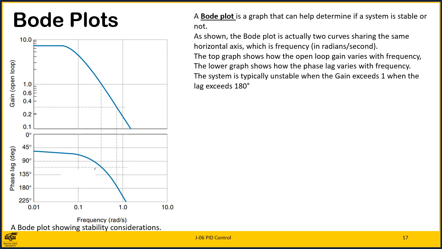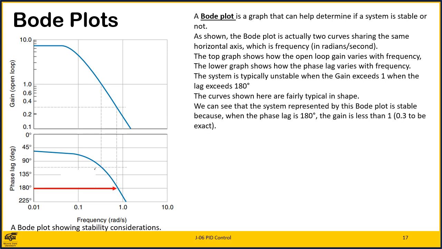The system is typically unstable when the gain exceeds 1 when the lag exceeds 180 degrees. The curves shown here are fairly typical in shape. We can see that the system represented by the Bode plot is stable because when the phase lag is 180 degrees, the gain is less than 1, 0.3 to be exact.